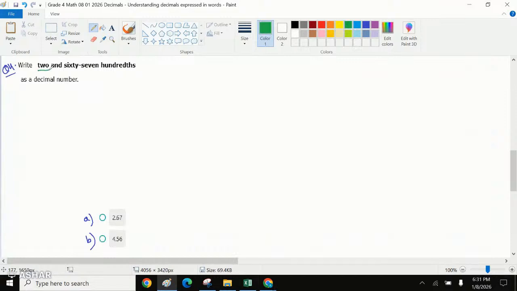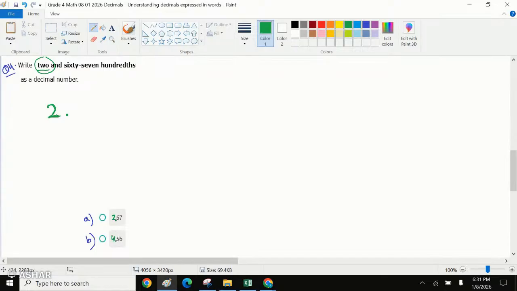So we say 2. The unit value is? The value of the unit in this case is 2, right? If we have 2 over here, we can directly look at the options as well. The first option had 2 point something and the second option was 4 point.